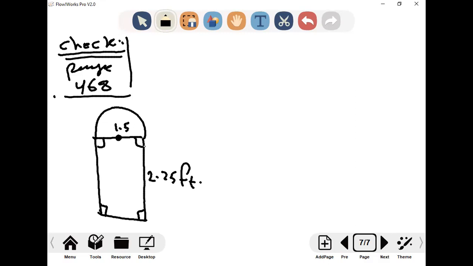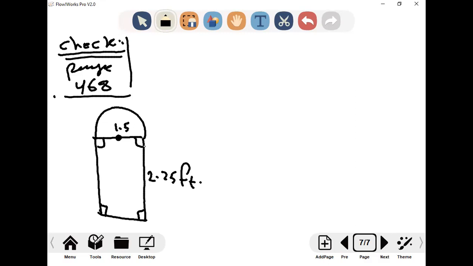But I have a rectangle down. What do I need for the rectangle? I need two things, length and width. Do I have the length? 2.25. The width? Same as this, right? But for the circle or the semicircle, what do I need? The radius. Do I have the radius? I have the diameter, but I can't find the radius from it, right?